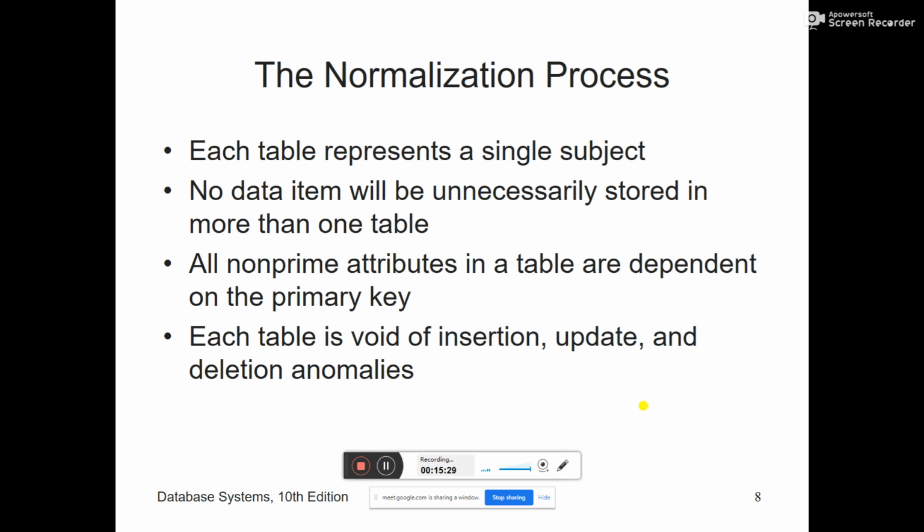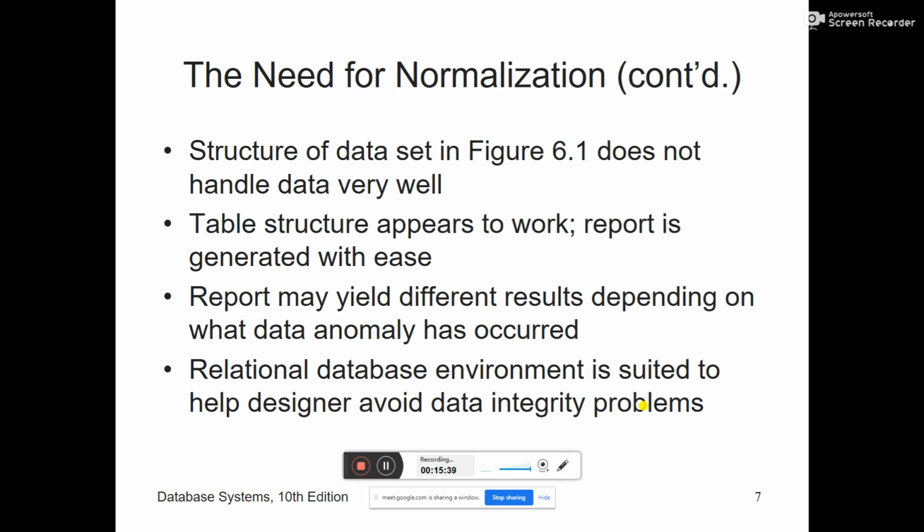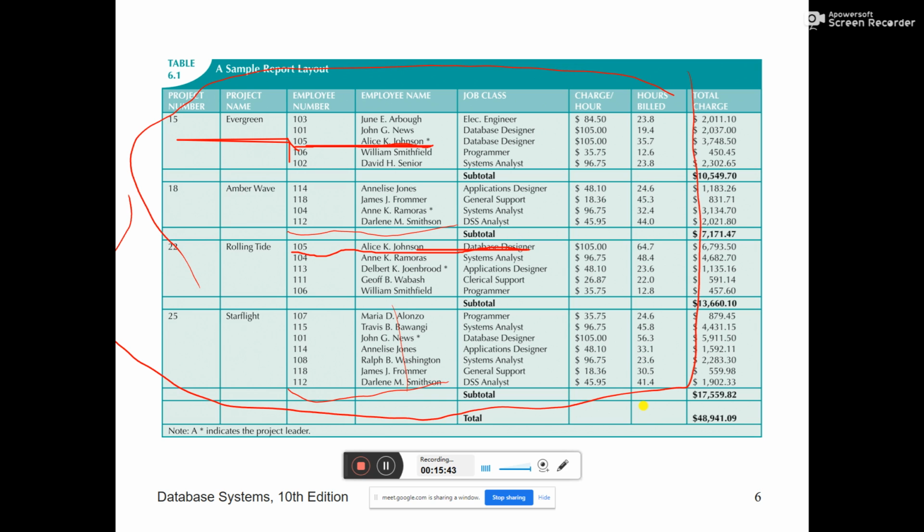So when we perform normalization, we want each table to represent a single subject. Like in the previous table, if you can see here in the previous slide, this table is not representing a single subject.